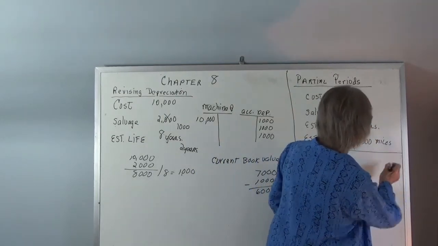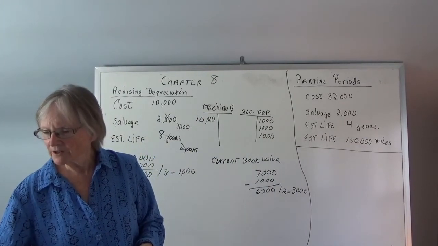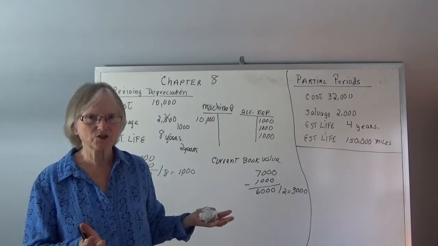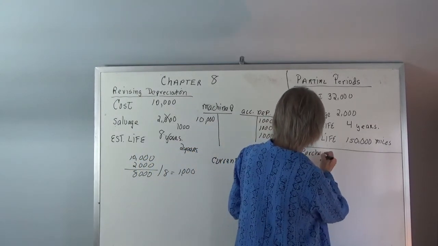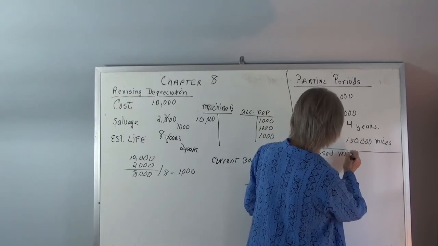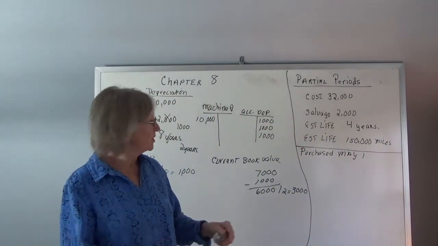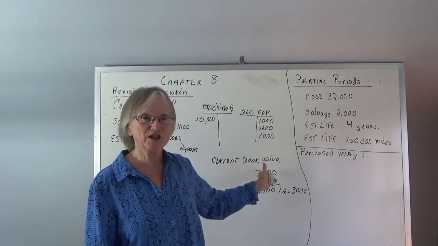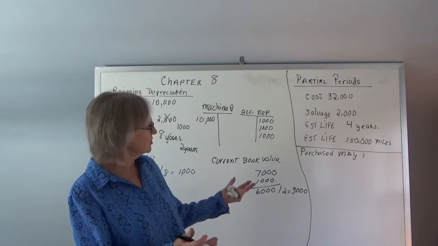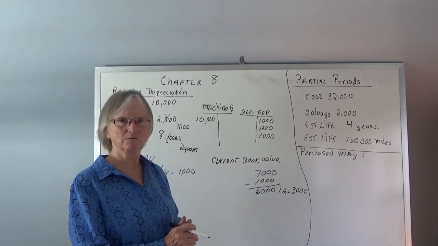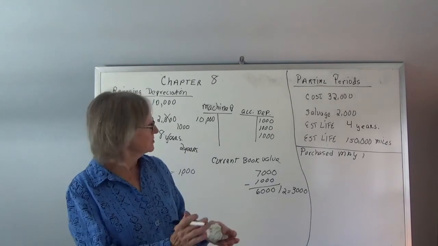But instead of buying this on January 1, what if we bought it on May 1st? If it was purchased on May 1st, the basic rule to know here is you can't depreciate something that you don't own. So we can't depreciate this from January to April because we didn't even own it then. We can only depreciate it from May to December, that first year. The years after that, presumably, would have a full year's depreciation.